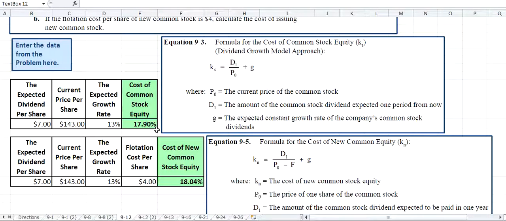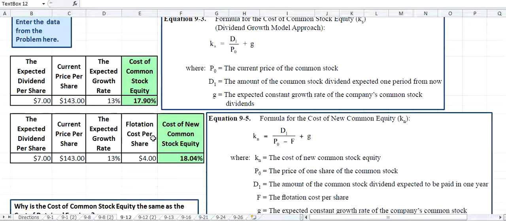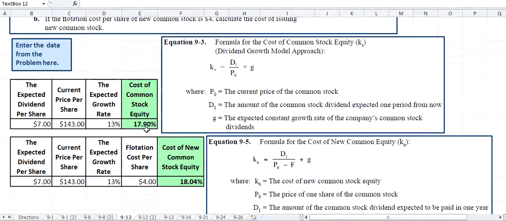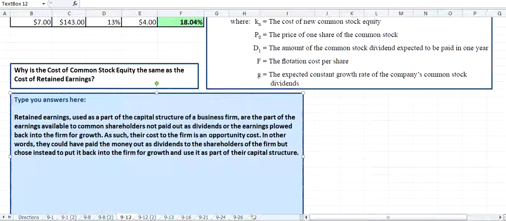So the opportunity cost of you using the retained earnings and not returning it back to your stockholders in the form of dividends is this 17.9%. In other words, you need to be able to earn at least 17.9% on the retained earnings that you reinvest back into your company in order to justify not returning the retained earnings to your shareholders.